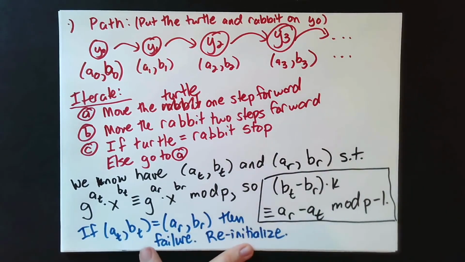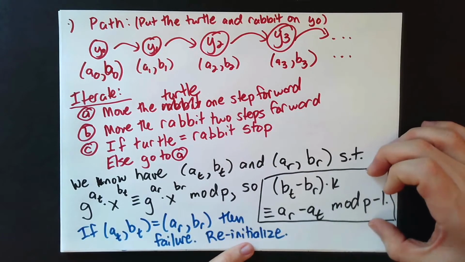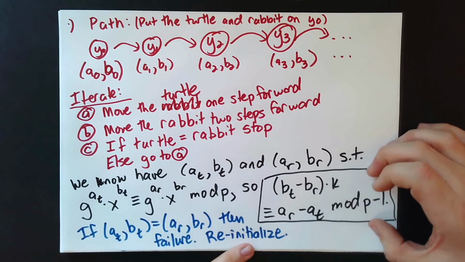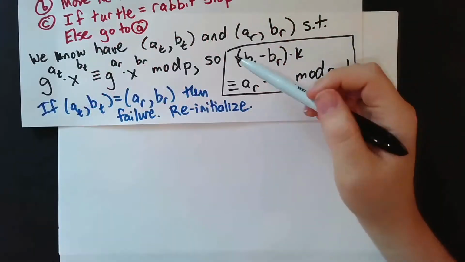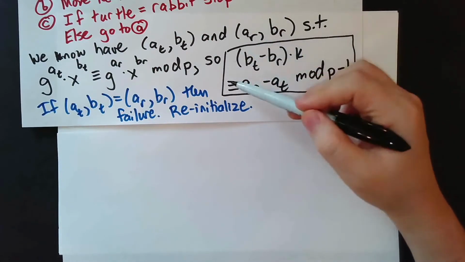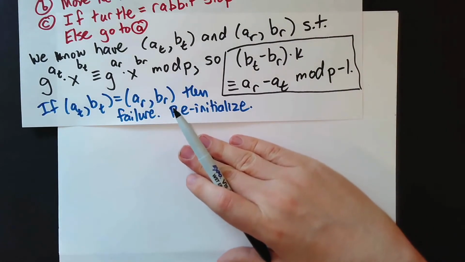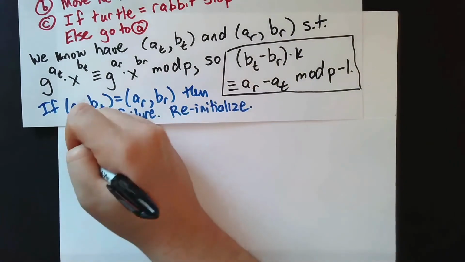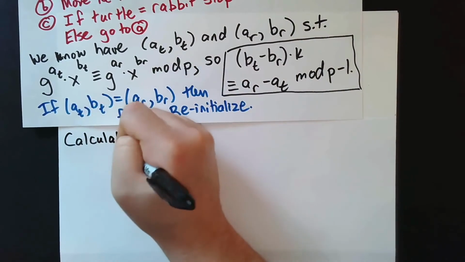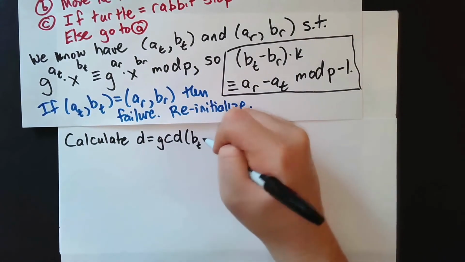But as long as this didn't happen, then we now have a real equation over here that we can solve for K. Now, again, what I want to do to solve for K is just multiply by the inverse of this number. But this number might not have an inverse, mod P minus 1. So to figure that out, I'm going to calculate the GCD of this coefficient of K and P minus 1.